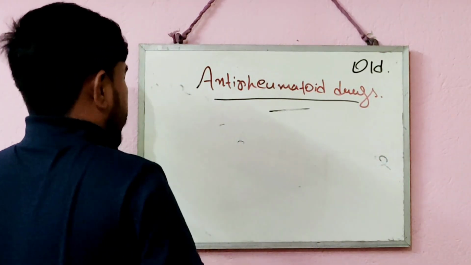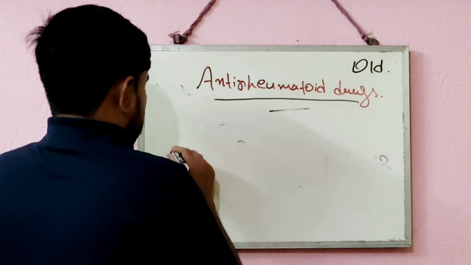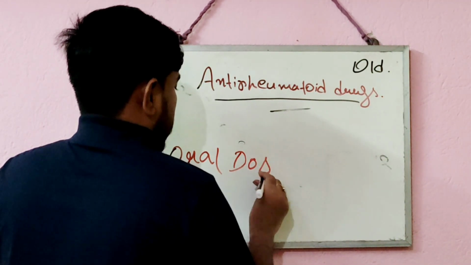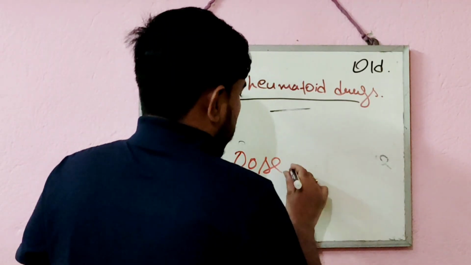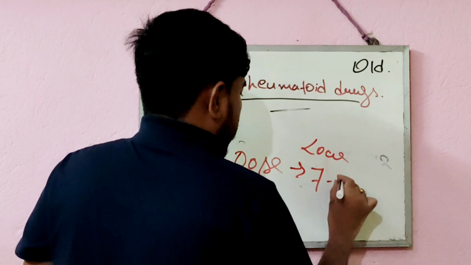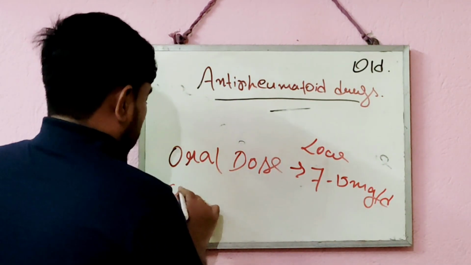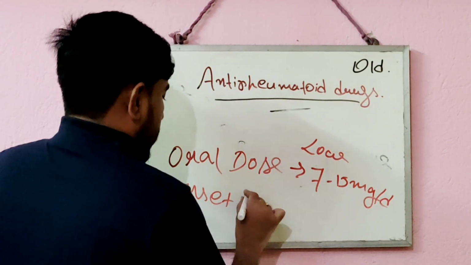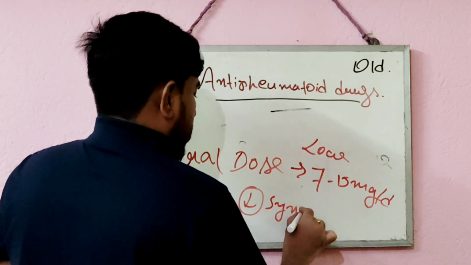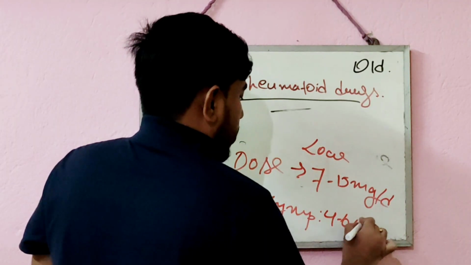So what is the dose of the anti-rheumatoid drug that we should take per day? Methotrexate is taken orally, and this oral dose is very low, only 7 to 15 mg per day, and the onset of relief or inhibition of symptoms is only 4 to 6 weeks.